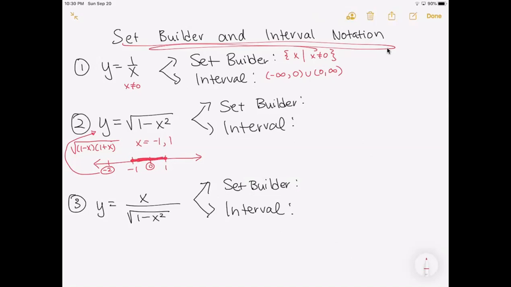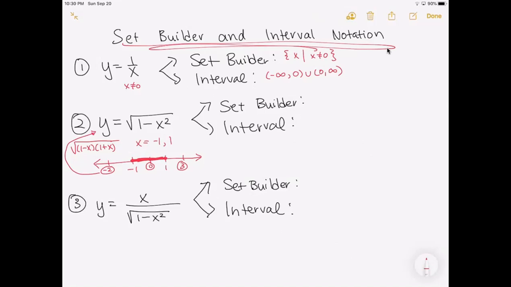Lastly, let's choose a number beyond 1, like 3. You can choose 2, you can choose 5, it doesn't matter. Any number greater than 1. When I substitute into our given function, radical 1 minus 3 squared gives you 1 minus 9, which is radical -8.